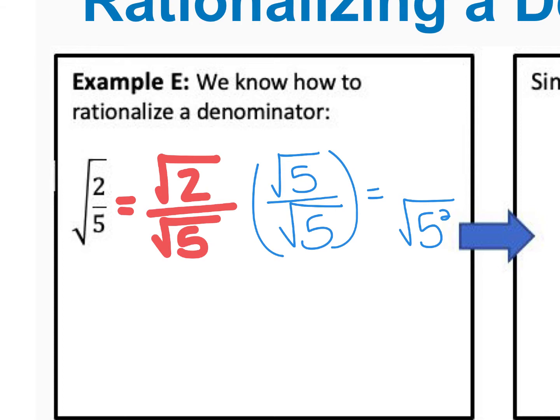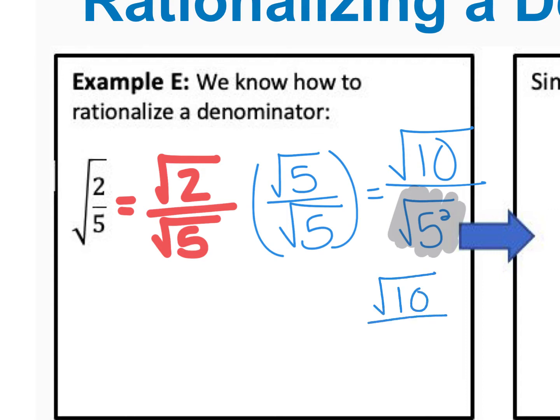We skipped that step of writing it like that. The top would be the square root of 10, but how does that help me on the bottom? Well, the square root and the squared are inverses, so this just leaves you with the square root of 10 over plain old 5. Now it's simplified because there's no radicals in the denominator.